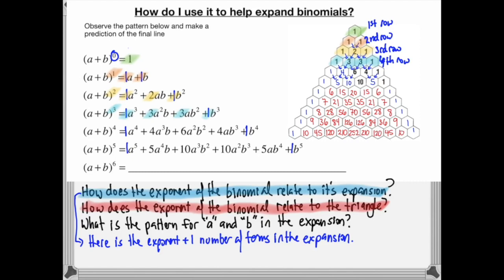So how does the exponent of the binomial relate to the triangle, and what row of the triangle do we want to use?